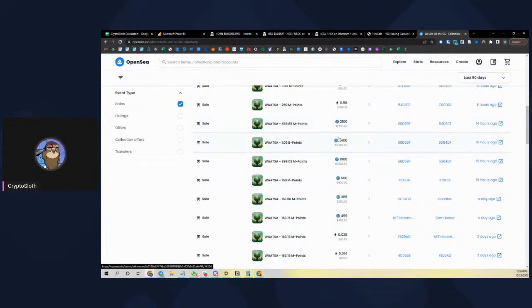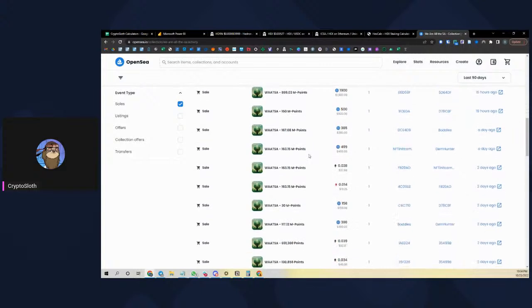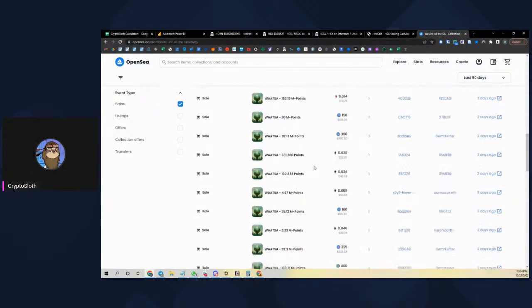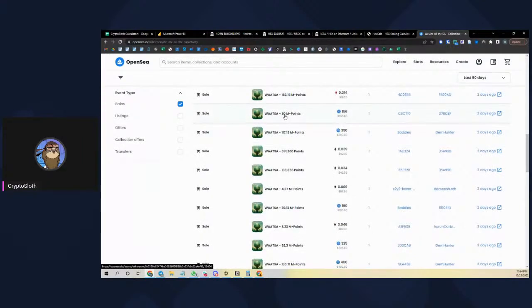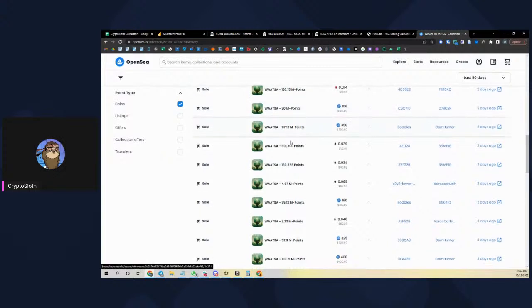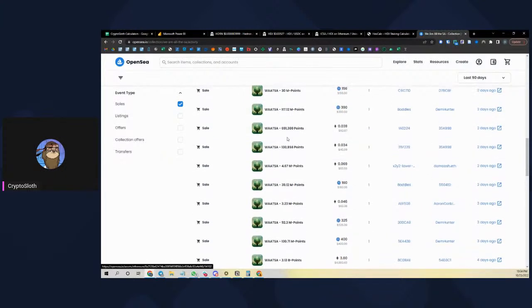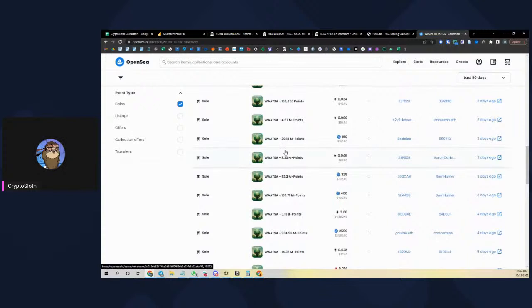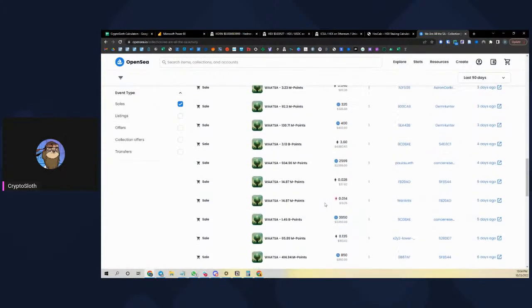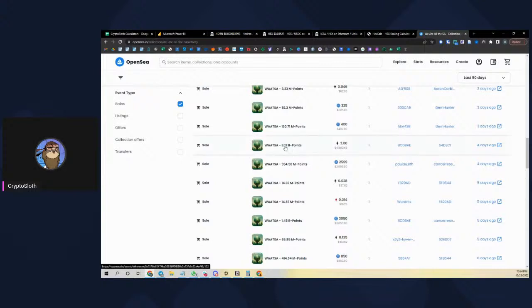This 1,000 one went for $2,400. It's crazy. It's like a constant 3 to 4x on all of these Wetzes. 30 million points, $30, went for $156. So that's a 5x. Let's see. Less than $1 went for $52. So, Jesus, this is crazy, man. These Wetzes have been going for just a crazy premium. This one might have actually gotten a bad deal.